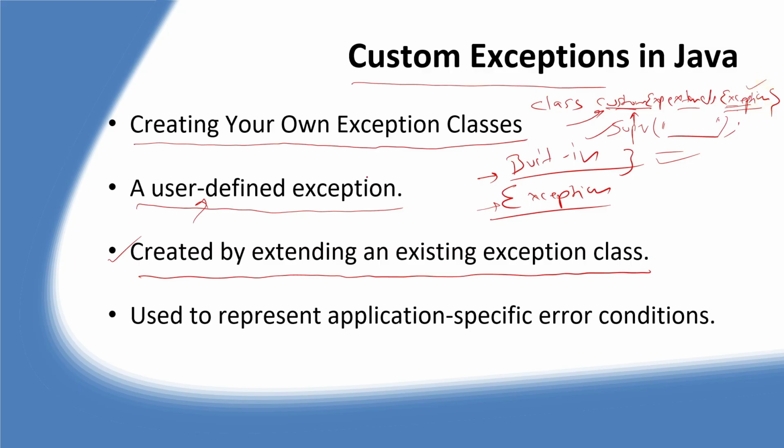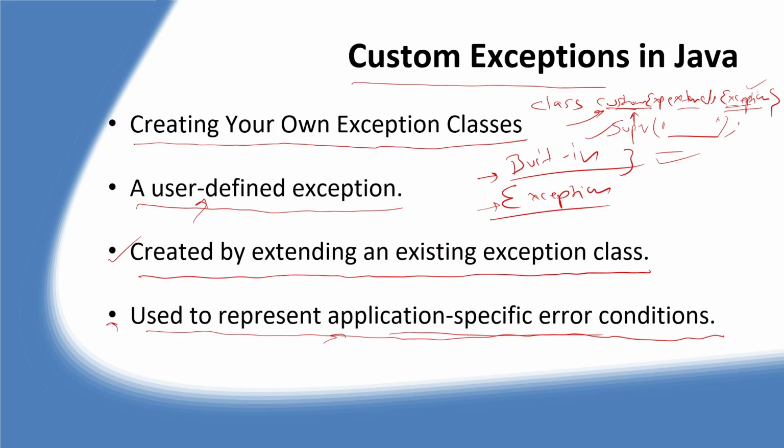And it is used to represent application-specific error conditions. That's what I said, like any specific business logic failure or something related to an application-specific error. So for those particular failure conditions, we will create our own exception class.